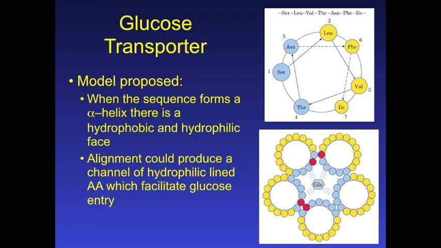But inside, it creates a hole that has a lot of polar residues, so that glucose, which is very polar, can pass. Why is glucose polar? I know it's sweet, but why is it polar? Because of oxygen and hydrogen.